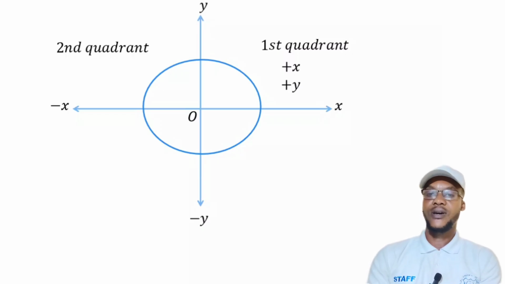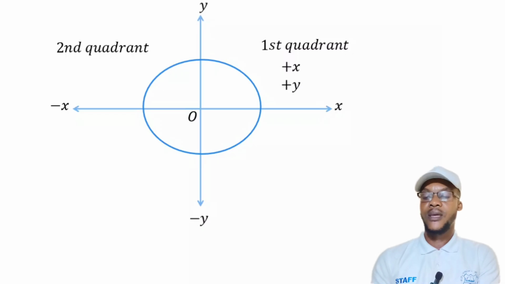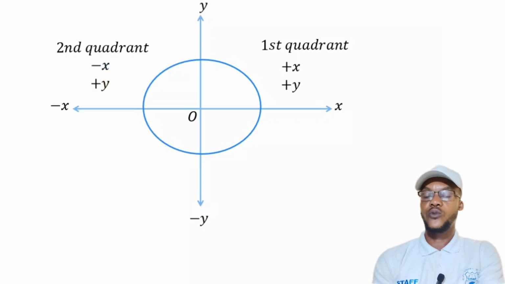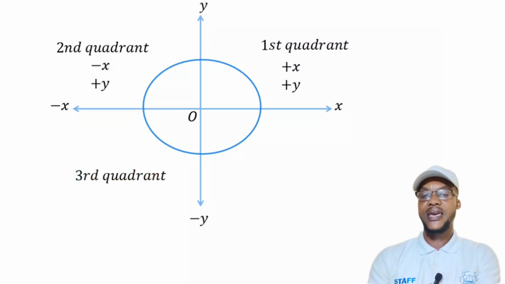If you go to the second quadrant, you yourself can attest to that. You realize that the x values are negative, so the x part is negative and the y is positive. Then let's come to the third quadrant. In that quadrant, both the x and the y are negative.